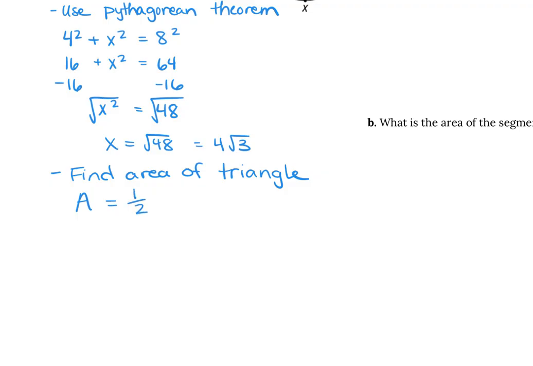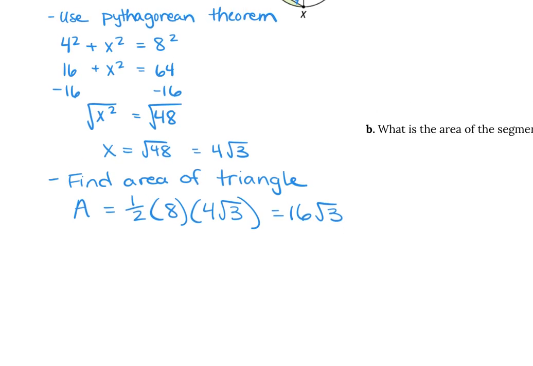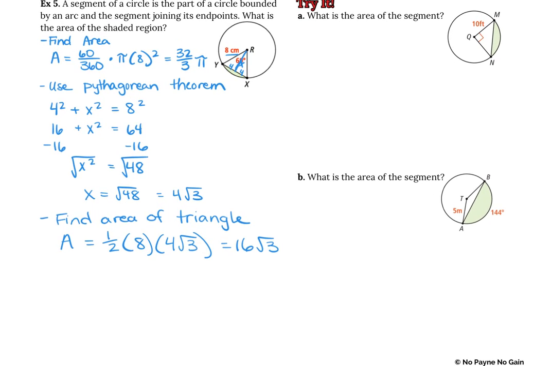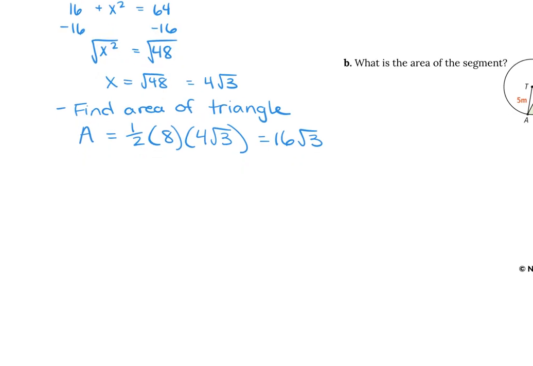So I'm going to take 1/2 times the base, which is that 8, times the height, which is what we just found, the 4 square root 3. Once we calculate, we would get 16 square root 3. So that is the area of the triangle. Now I can take the area of that entire segment and subtract the area of the triangle.